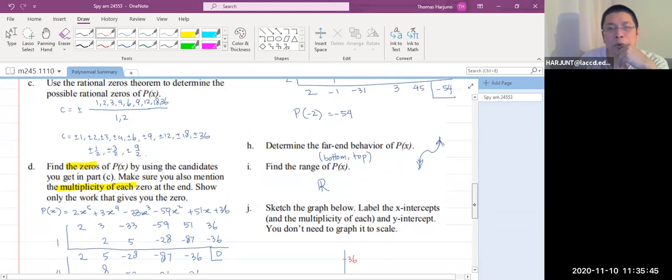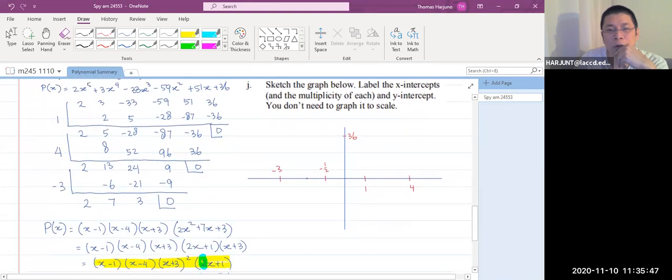P of negative 2 is negative 54. So the graph should pass through all of these points. We also know that the far end behavior is negative infinity on the far left and positive infinity on the far right. So let's put things together. This will be approximately like this.